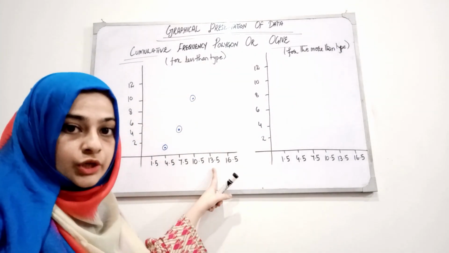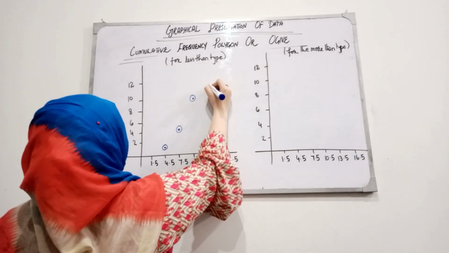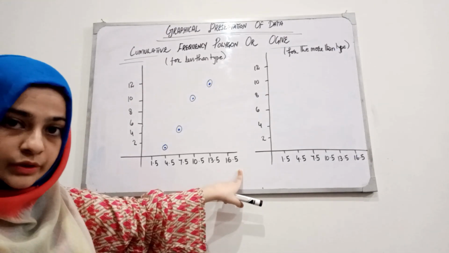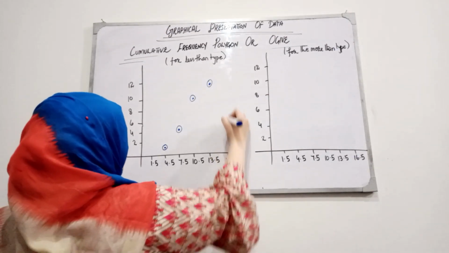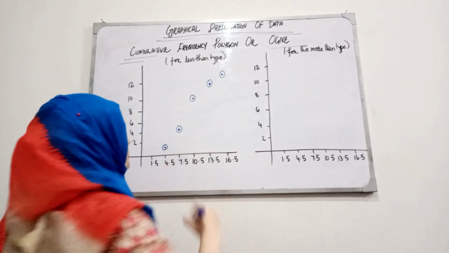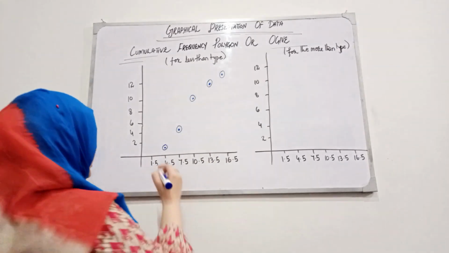Then 13.5 has the cumulative frequency of 11. And 16.5 has the cumulative frequency of 12. Now by the help of a straight line, we join all those points.